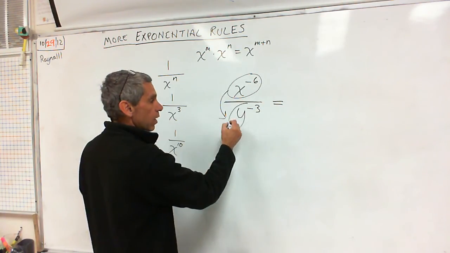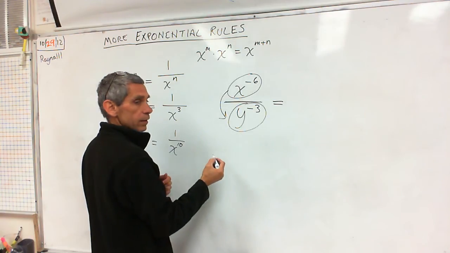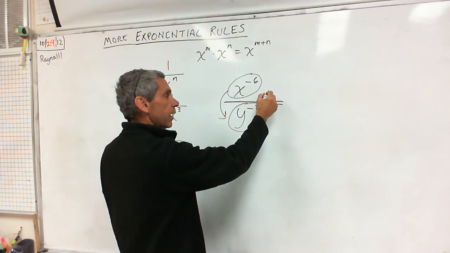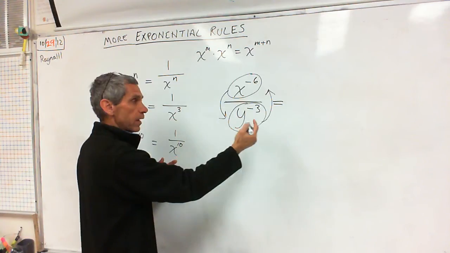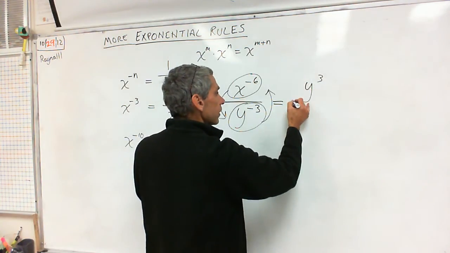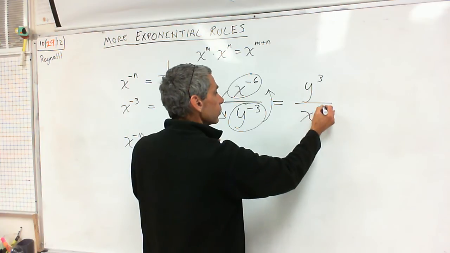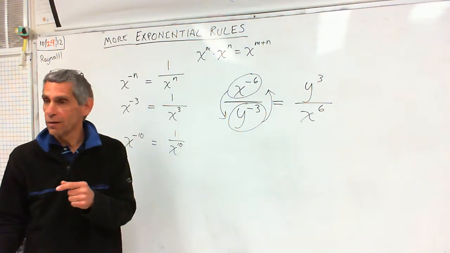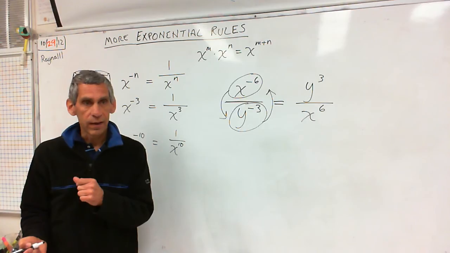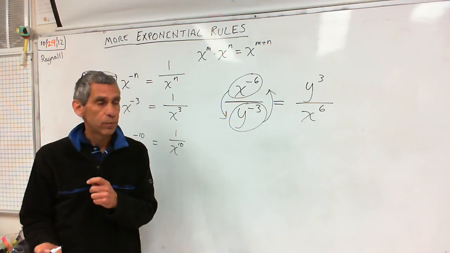And what about the y to the negative 3? All I have to do is bring it upstairs, right? And then it becomes y to the positive 3. So if I just do this, y to the positive 3 over x to the positive 6, I have just solved my problem. I've simplified that problem. You see how I did that? It's really simple, right?